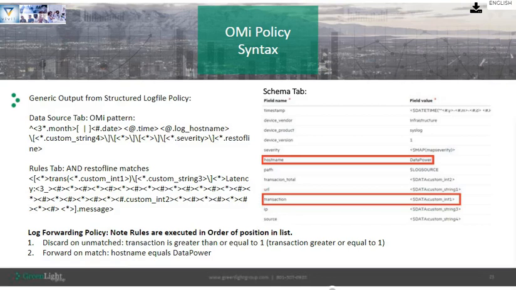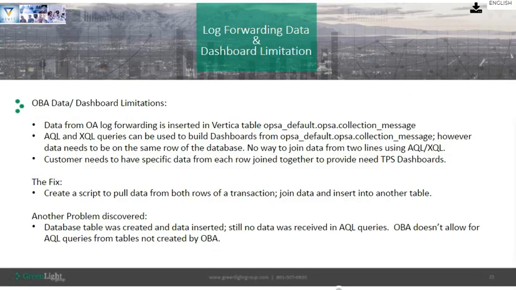And then we also forward everything that comes out of that if it has a host name of DataPower, which we hard-coded in the schema tab. It's highlighted in red on the slide, and that also gets pushed off to OBA. So in the end, we went from 17 lines to 2 lines of data, one line including the URL, one line including the latency, the amount of time for the transaction.